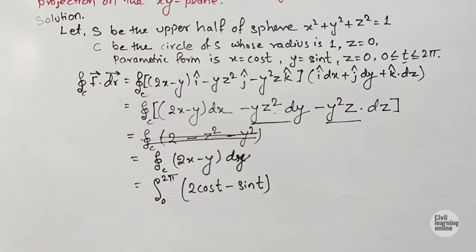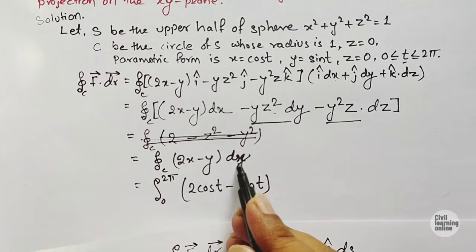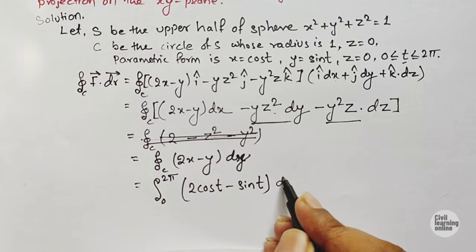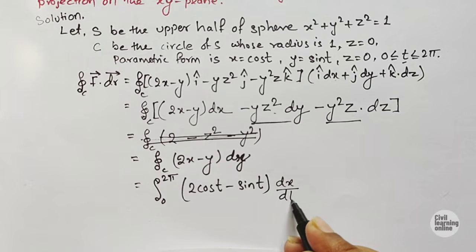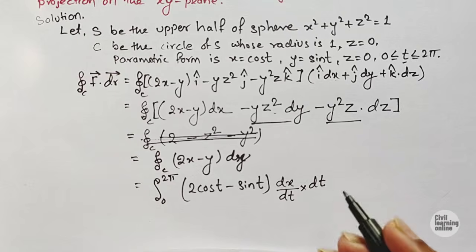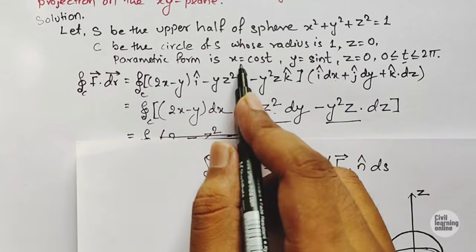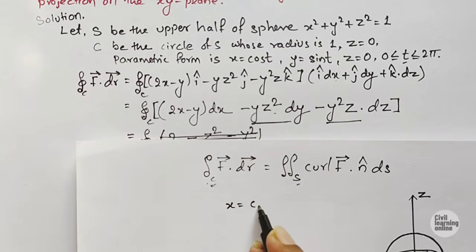Now we also need to find the value of dx in terms of t, so before that we divide dx by dt and multiply by dt. After that we have to find the value of dx by dt. As we know, we have written here that x equals cos t.